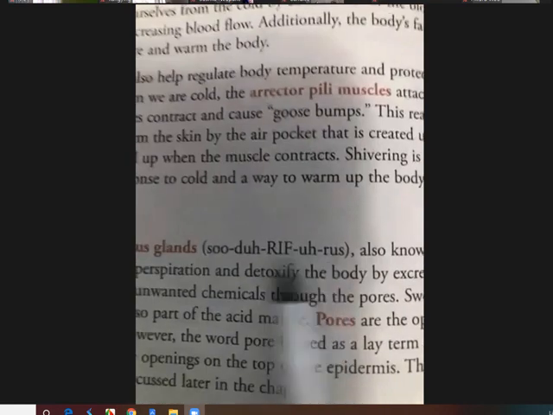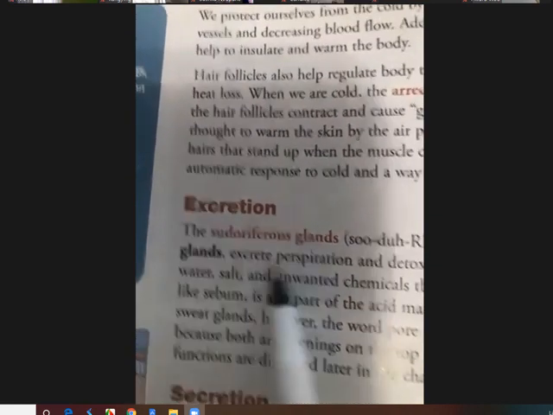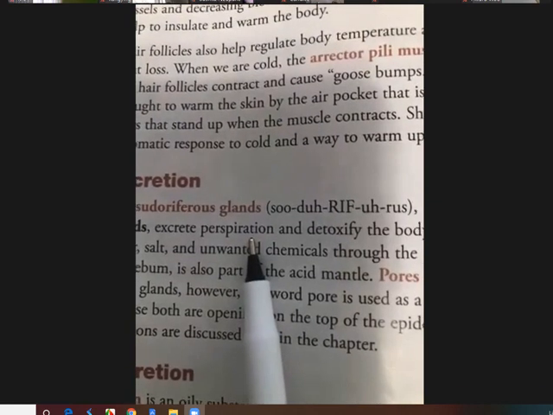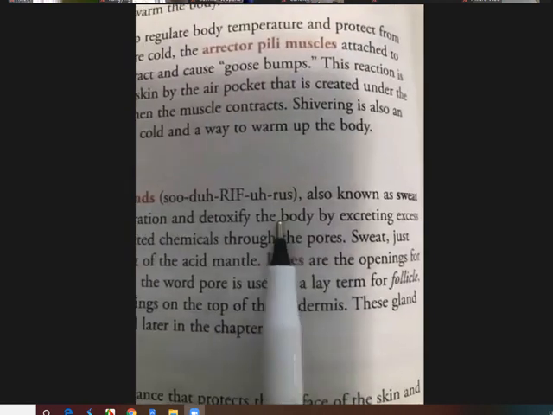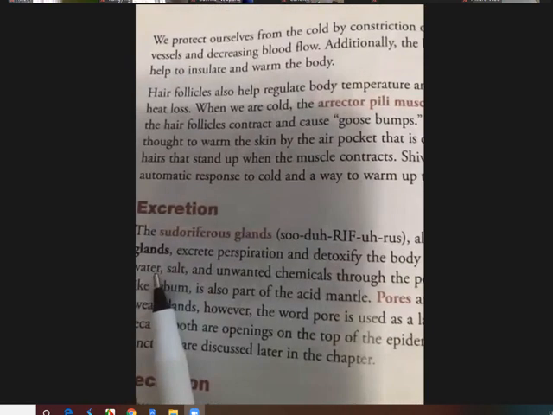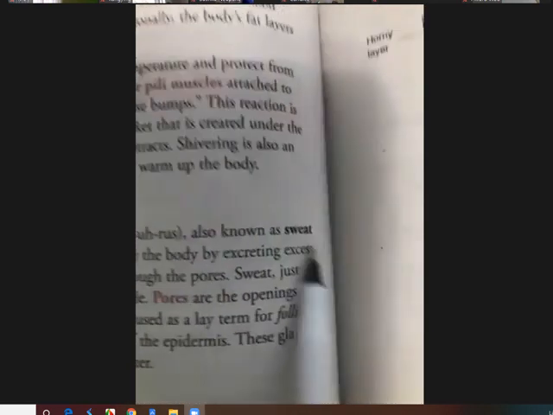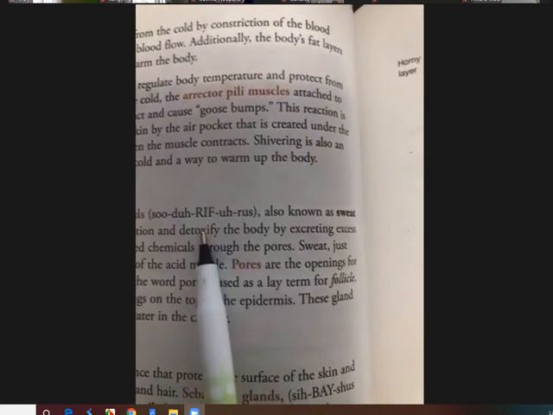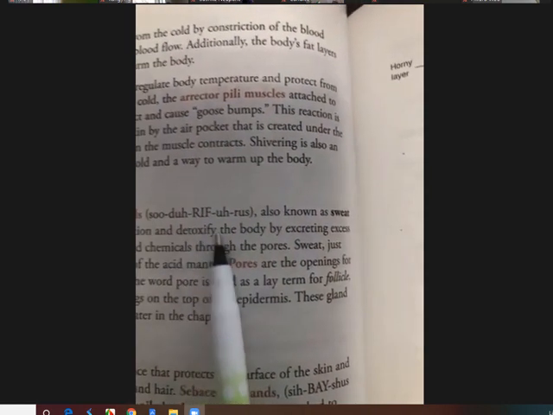sudoriferous. So sudoriferous gland, also known as your sweat gland, excrete perspiration and detoxify the body by excreting excess means extra. Okay, detoxify means to remove poison from your body.